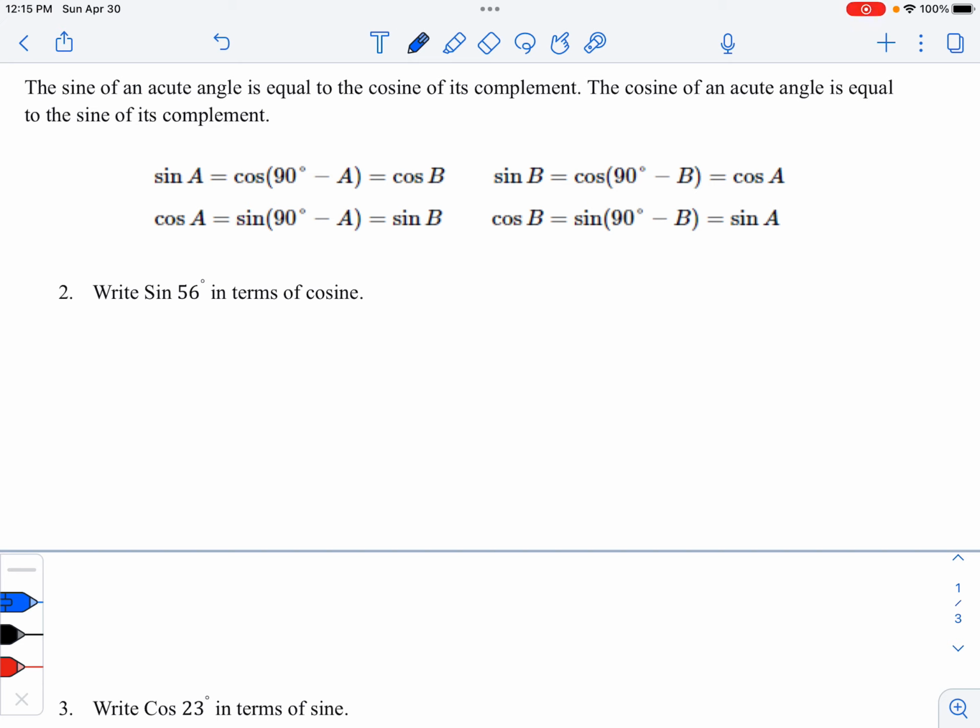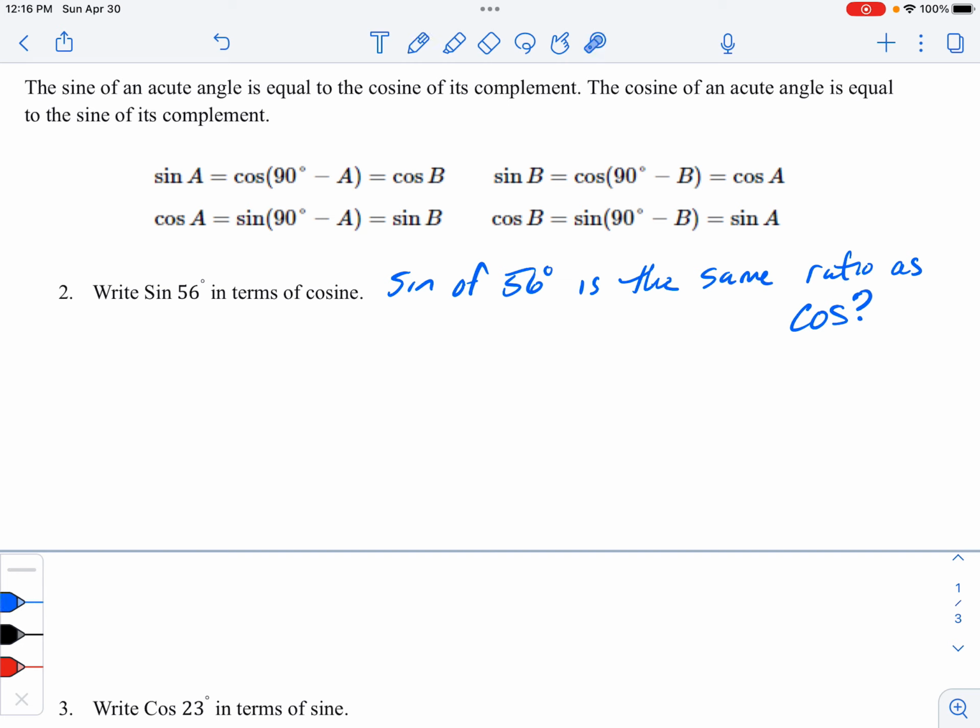So the question is really asking: the sine of 56 degrees is the same ratio as the cosine of what? All right, so the cosine of what angle is the same as the sine of 56?